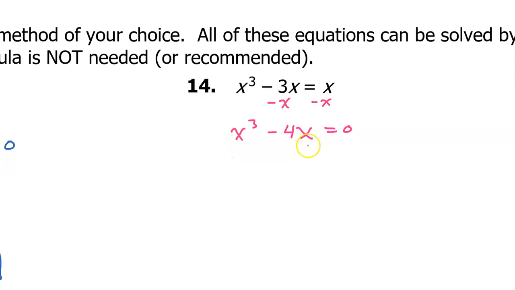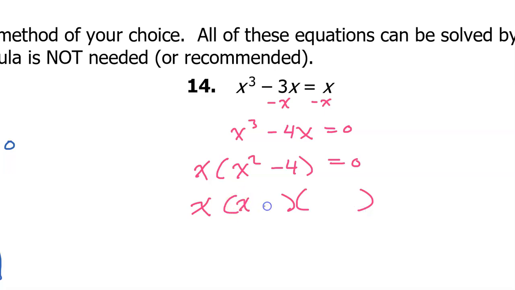Now there is a common factor of x, so go ahead and factor that out, and that will leave x squared minus 4. This is the difference of two squares, so this will factor further as x plus 2 times x minus 2.